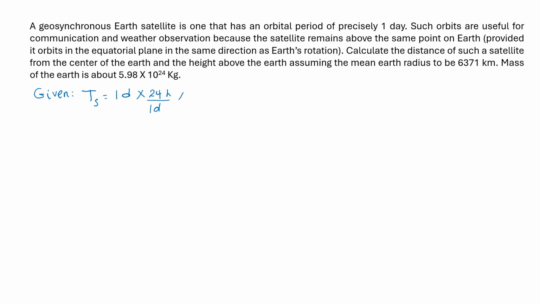We also want to get rid of the hour, so we divide this by the hour and multiply by 1 hour equivalent seconds, which is 3,600 seconds. Day cancels out with day, hour cancels out with hour, so we are left with 24 times 3,600 seconds, and that's equal to 86,400 seconds.